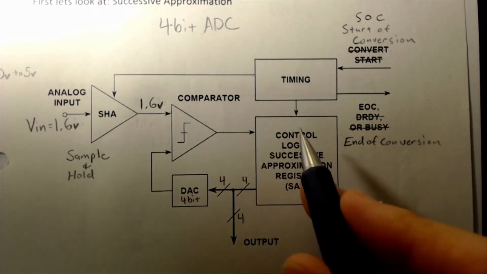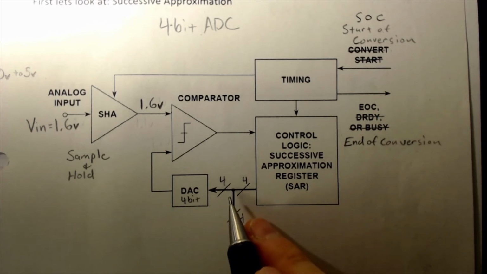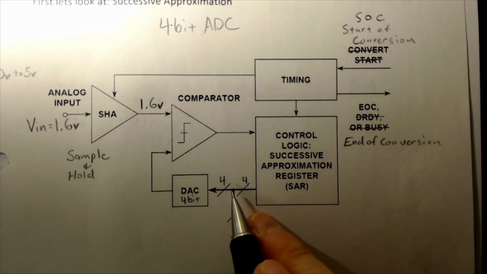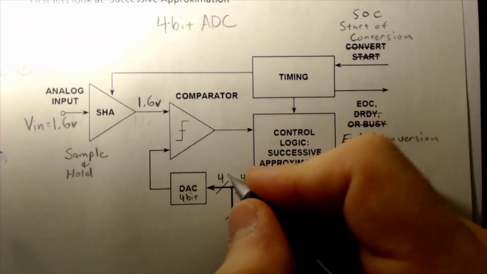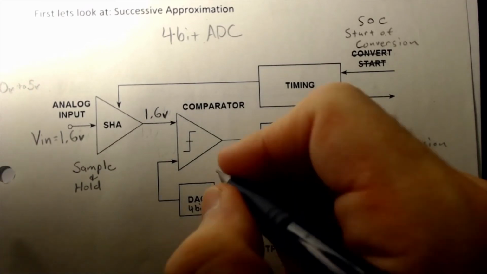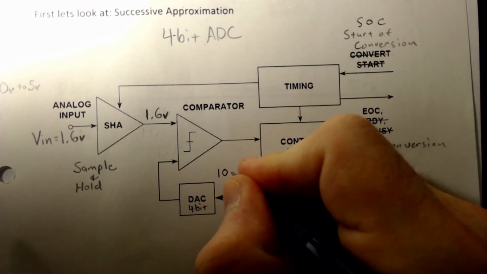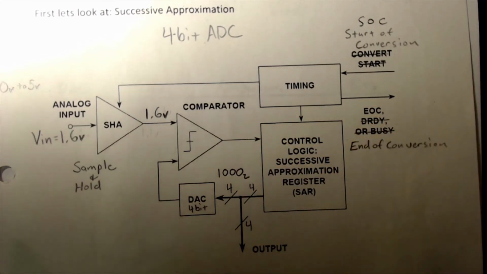Now, the first thing that control logic is going to do is output a value with the most significant bit set high and all other bits set low. Okay, so we're looking at this value over here. It's going to be 1, 0, 0, 0 in binary.